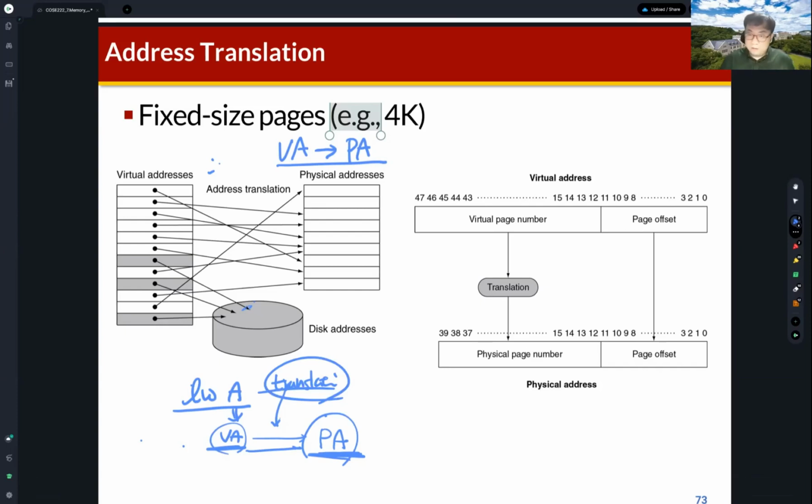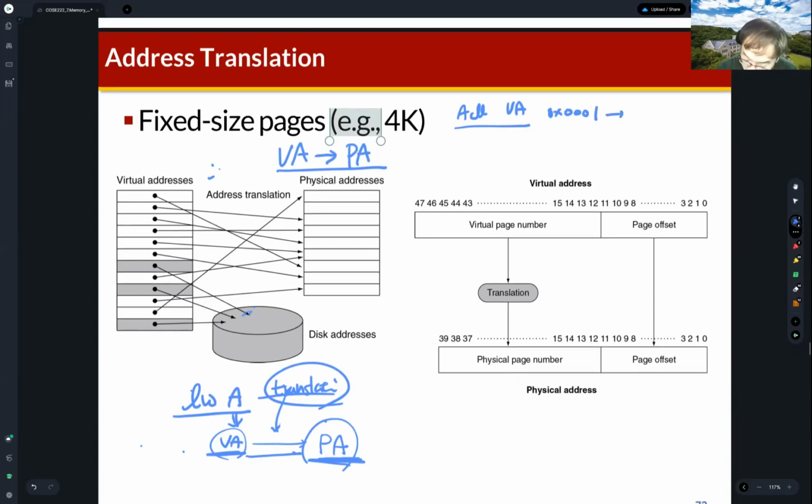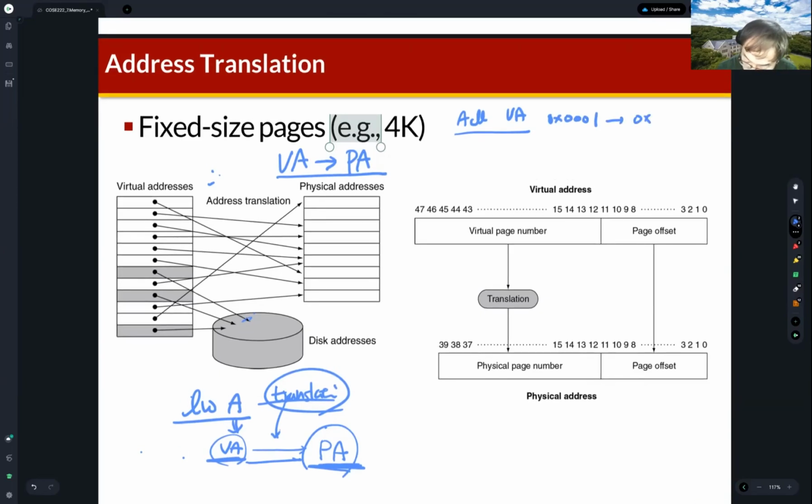So how can you translate? Actually, I said the virtual memory system is supported by the operating system. So let us assume we can just translate all the virtual addresses. So for example, this is the virtual address 0x0001. This is translated to the physical address 0x0010000, and then 0x0002 is translated to 0x2001.